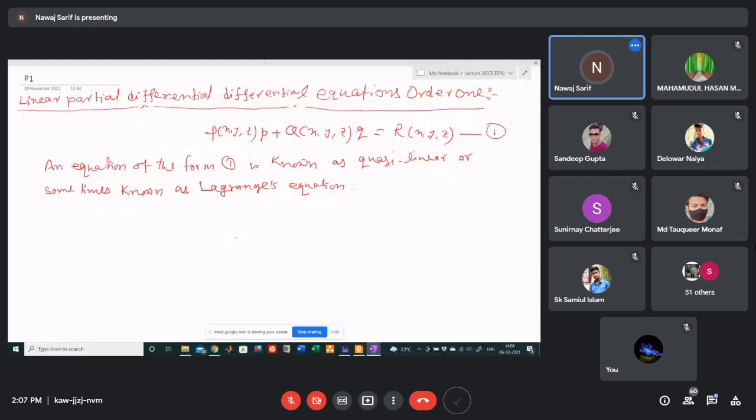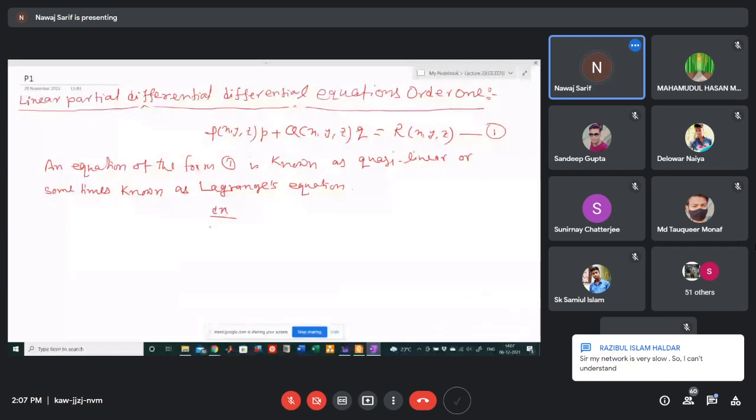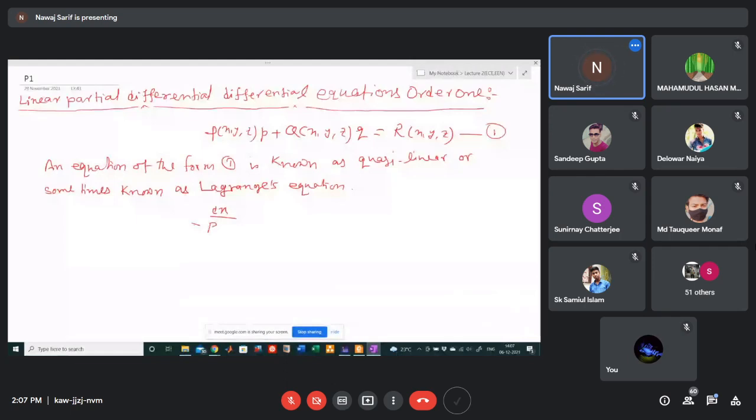For this type of equation we have to form an equation of the form dx over P equals dy over Q equals dz over R. Do you know what a simultaneous differential equation is?